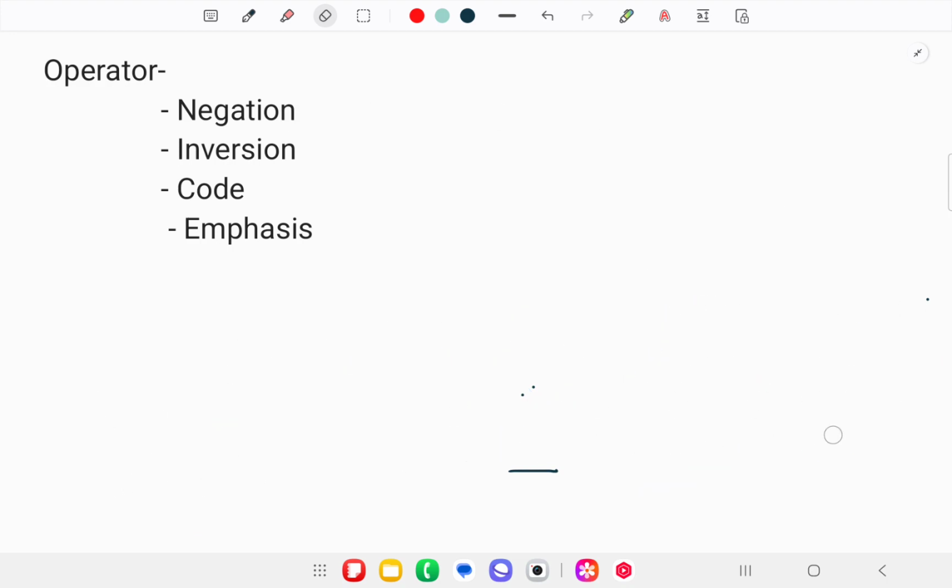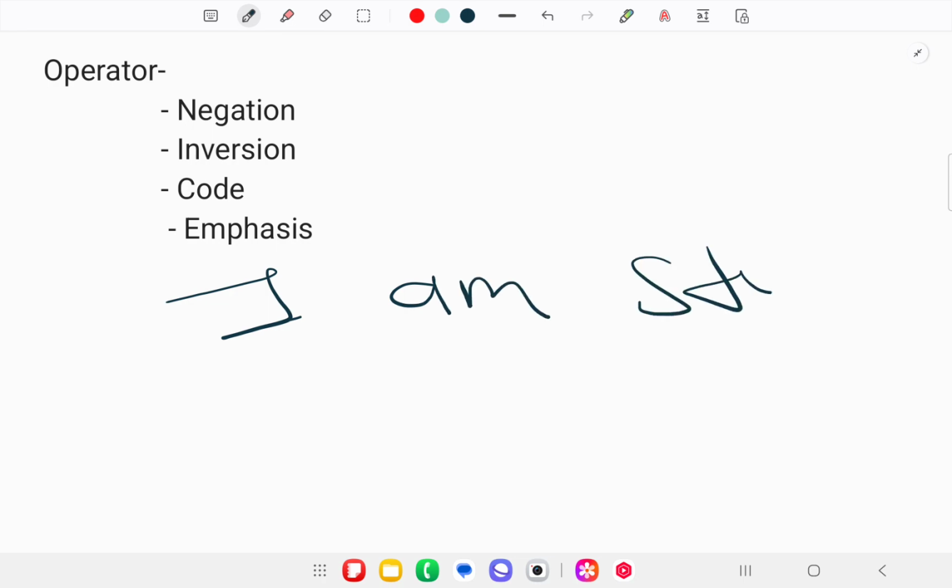Okay, next we have another point, inversion. What is inversion? Inversion means the replacement of the negation. We form most types of questions by inverting the positions of the subject and the operator. Like if I say I am student, and I have to show negation, then here is your negation portion.